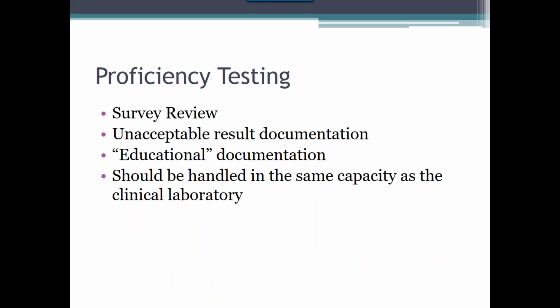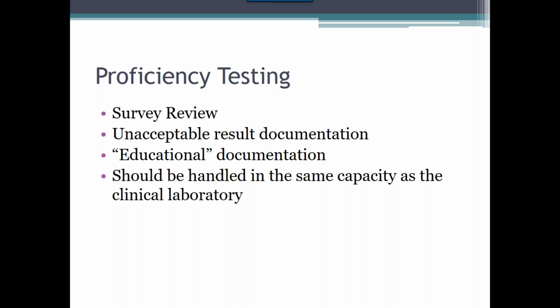Proficiency testing that is conducted within the department should be overseen and carefully reviewed. As results are received, they should be reviewed for acceptability. Results that are coming in that are unacceptable should be investigated with corrective action put into place as necessary. These reviews, along with the corrective action, should be documented and filed along with the proficiency testing results that have been found unacceptable.